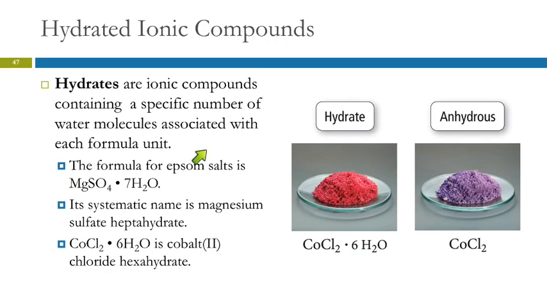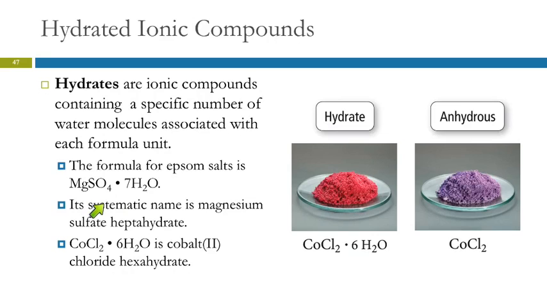So Epsom salts is another substance. That's the common name. That's something you can buy at the drugstore, put in your bathtub and soak your feet or whatever. Epsom salts, magnesium sulfate, heptahydrate. So we name the ionic portion the same as we name any other ionic compound. This is magnesium sulfate. Magnesium is in group 2. It doesn't need a Roman numeral.